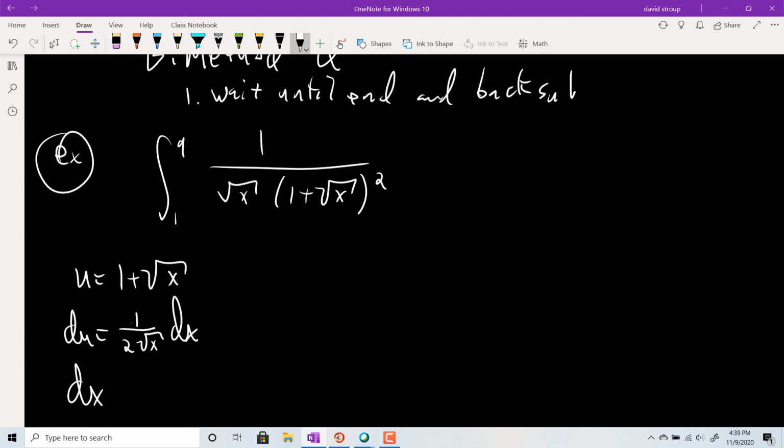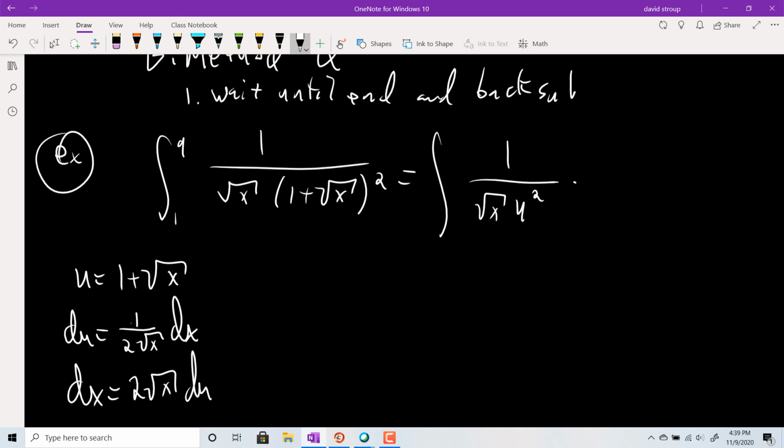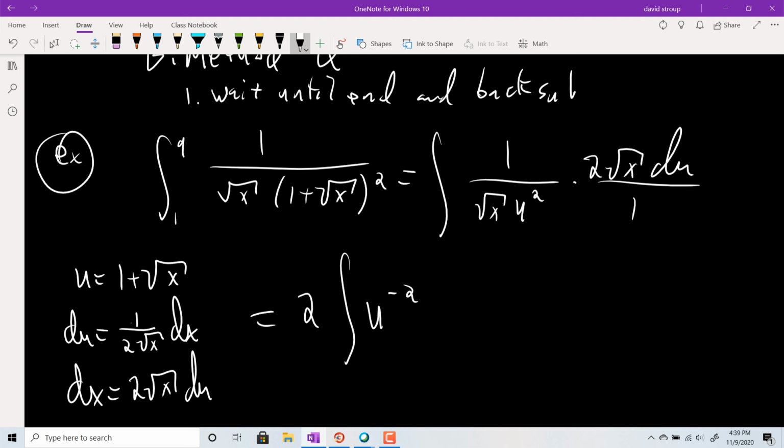And then, of course, solving for dx, I'll get 2 square root x du. Let's see if we get rid of this stuff. So we have 1 all over square root of x times u squared times dx, which is now 2 root x du over 1 if you wish. And we get some nice cancellations. We can factor out a 2, and we're just going to be left with u to the negative 2 du.